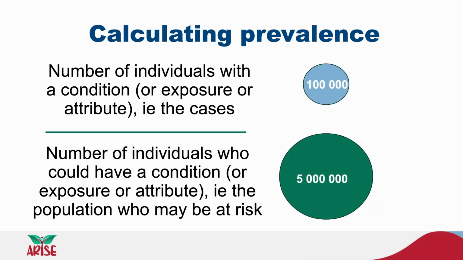Here we have 100,000 divided by 5 million, which gives us a dementia prevalence of 0.02 or 2%.